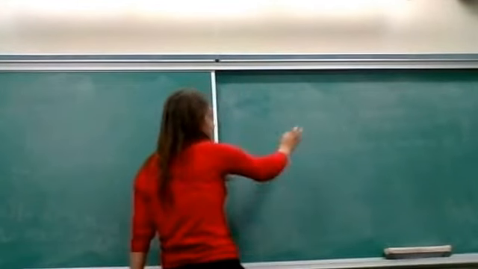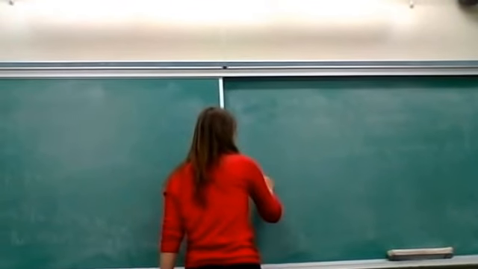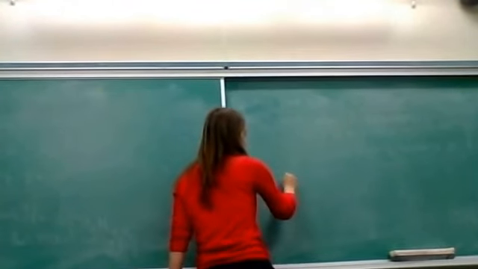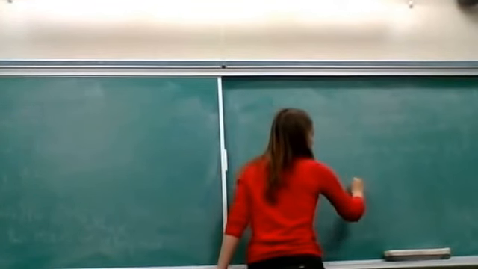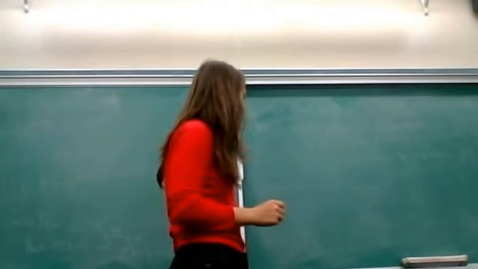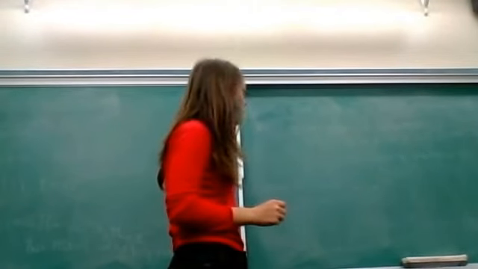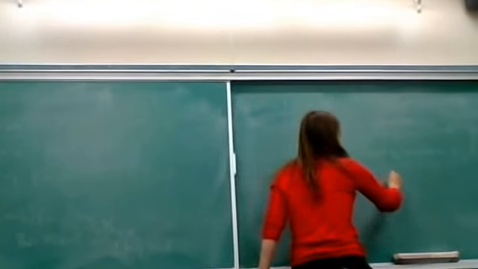Okay, so what does it mean for u plus v to be a unit vector? The square root of u plus v dot u plus v is 1. Doesn't it just have a magnitude of 1? Yeah, exactly.